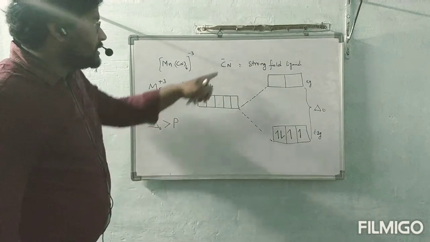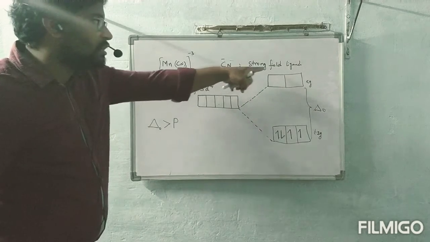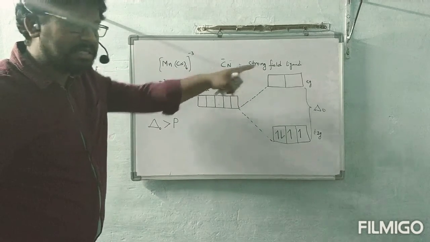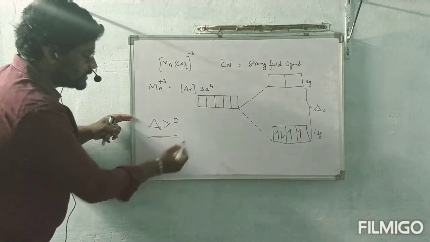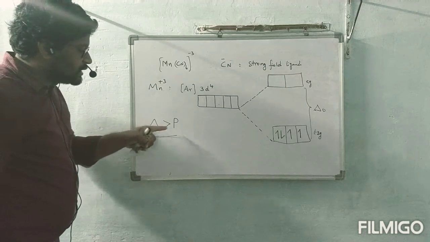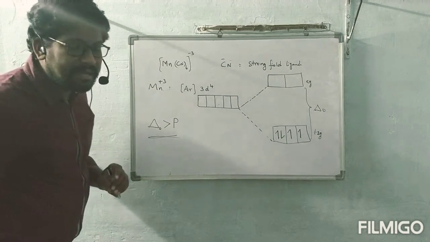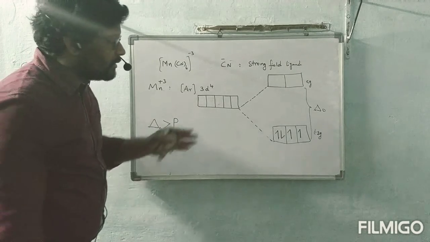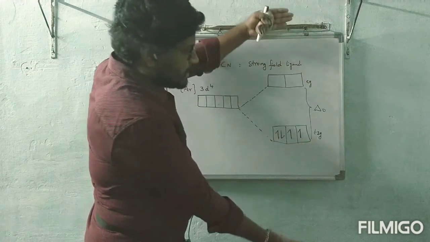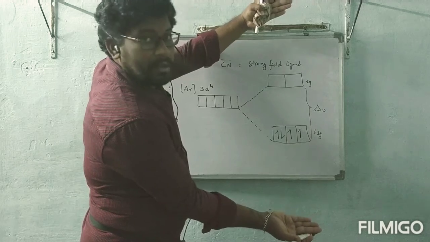Once again, this is CN minus, which is a strong field ion. In the presence of a strong field ion, what is the condition? Delta naught is greater than P. What is the meaning of delta naught greater than P? It means the splitting is very high, like this.